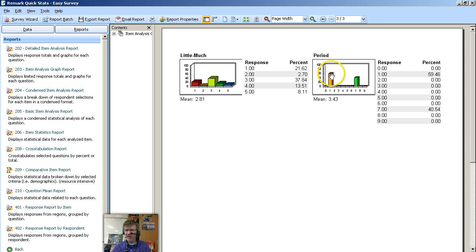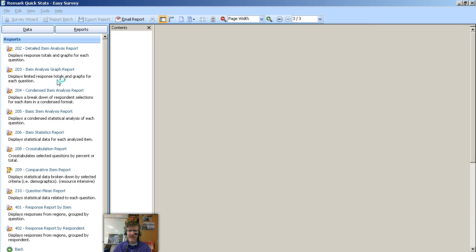Notice too that you can see that 59% of my respondents were first period and 40% were 7th period. So you can see that I've got a little bit of spread there in my data. I have 2 data points for my classes. Oh, that's item analysis graph report.